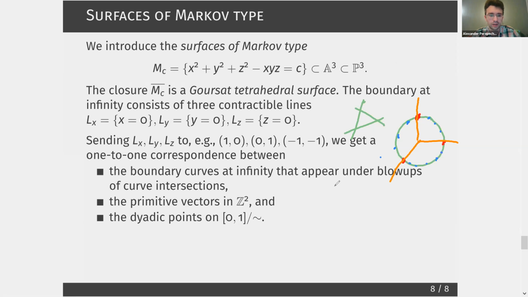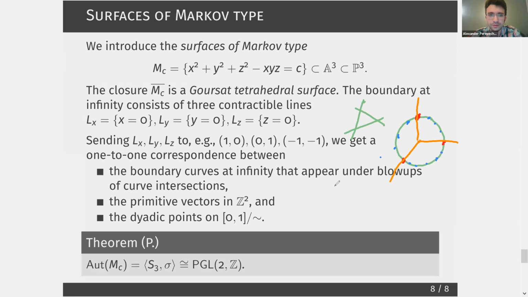And here we have the answer to the question about the automorphism groups. Using the dual graphs, we prove that the automorphism group is generated by the involution and the coordinate permutation. And this is essentially PGL(2,Z).